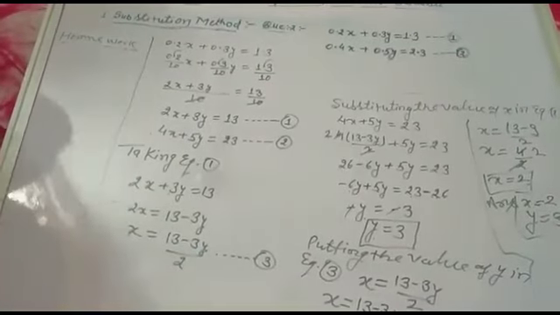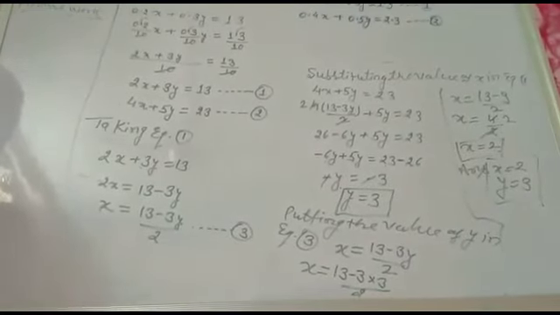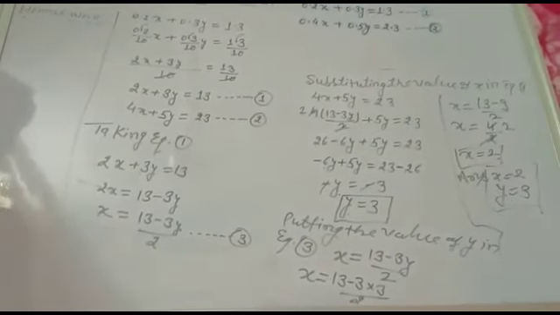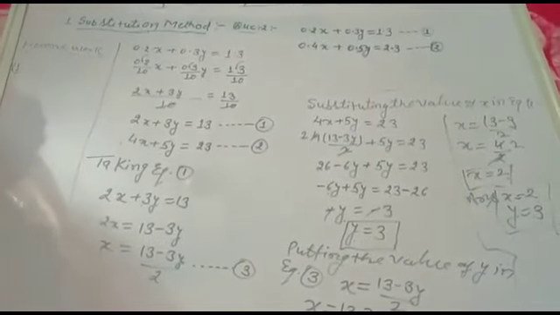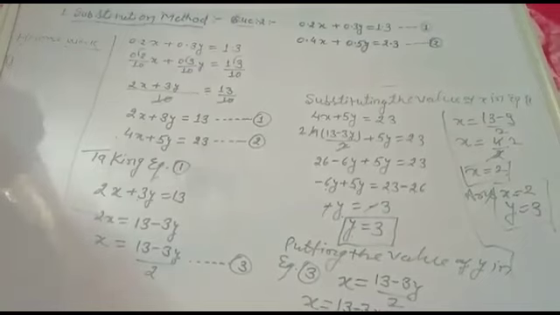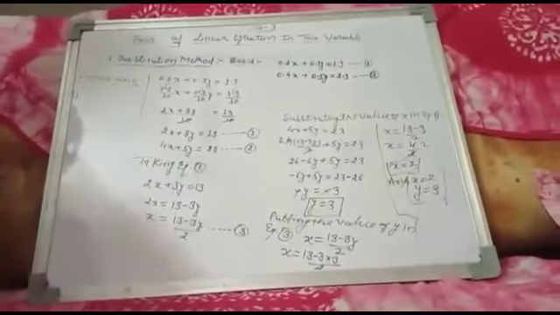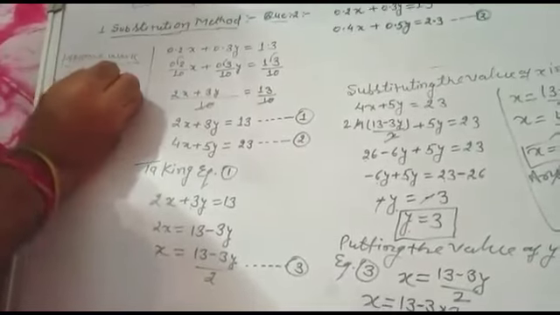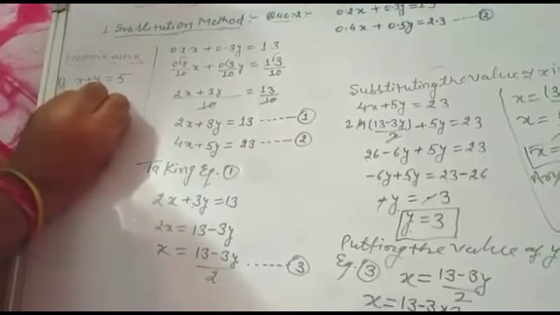First question is x plus y equals 5, and the second equation is 2x minus 3y equals 4.